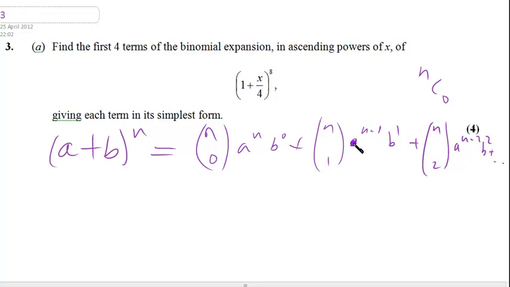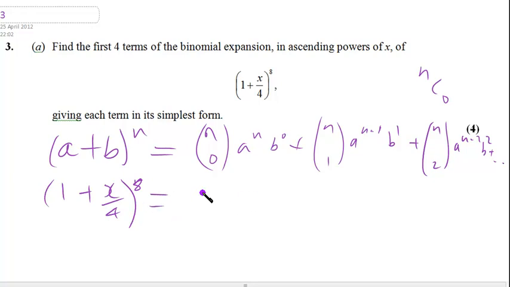You keep decreasing the power of a by 1 and increasing the power of b by 1. And in the nCr formula you just change the bottom bit up by 1 to correspond with the power of b. So let's put that into action. Now here we've got to realise that all of x over 4 equals b, and a common mistake is not to raise all of that to the right power when doing it.